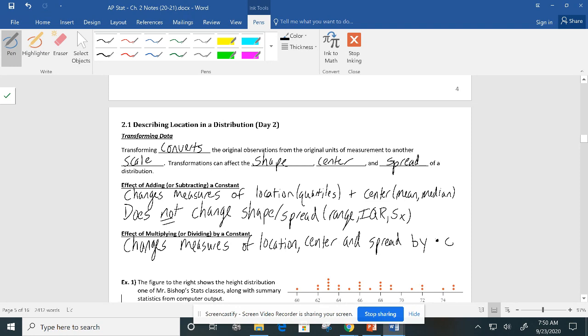So whatever that value C that I'm multiplying by, standard deviation is going to be multiplied by C. Range is going to be multiplied by C. The mean is going to be multiplied by C. Q1 is going to be multiplied by C. So everything changes when we're multiplying or dividing except for shape. Shape is not going to change at any point. Okay, so addition and subtraction only affects measures of center and location. Multiplication and division affects both measures of center and location and spread by multiplying by C.